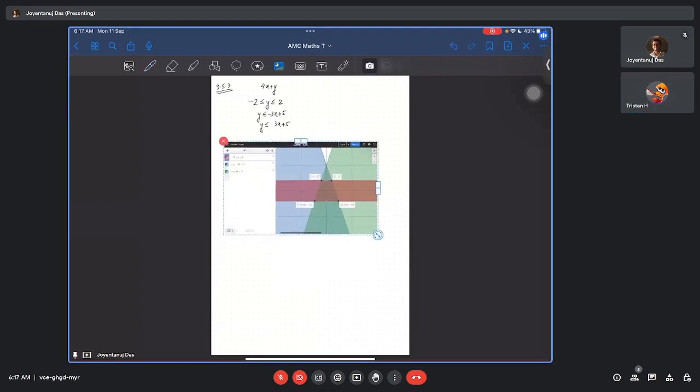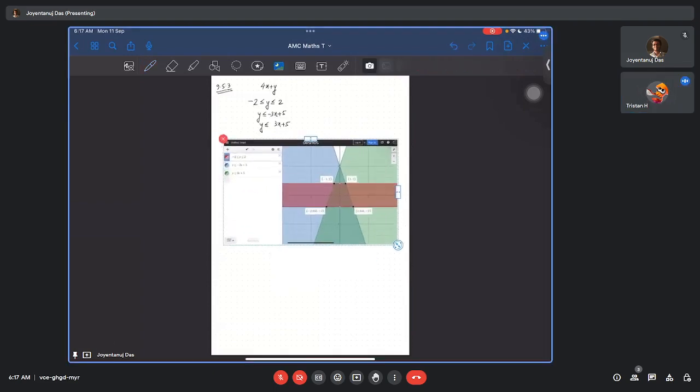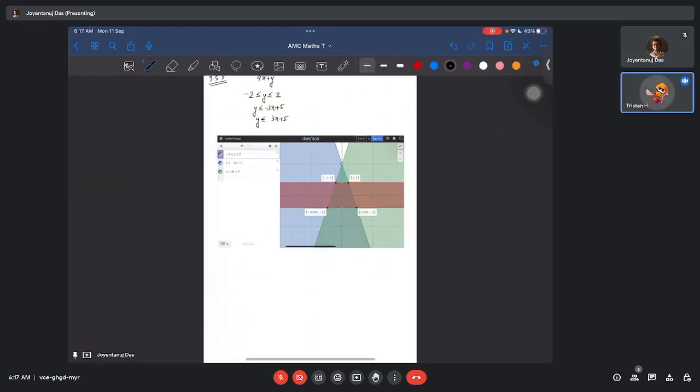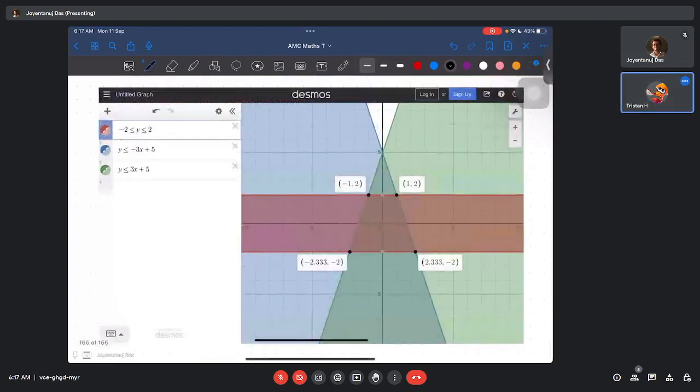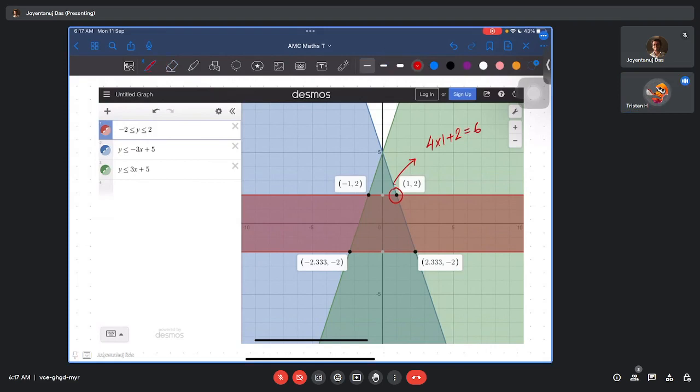So 1 comma 2 will be the maximum. And then the minimum would be negative 32 over 3 minus 2, so negative 38 over 3. Yes. So this one is the minimum, right? Yes, that one's the minimum.